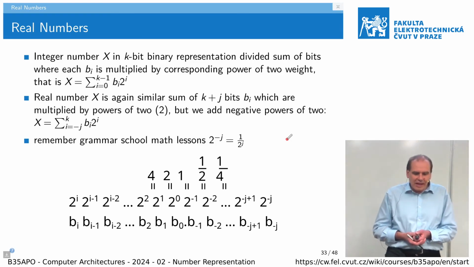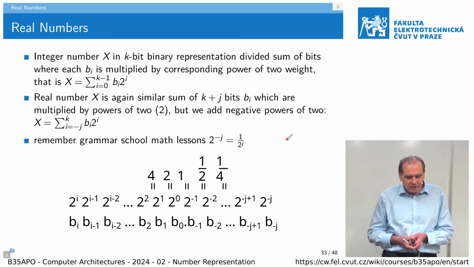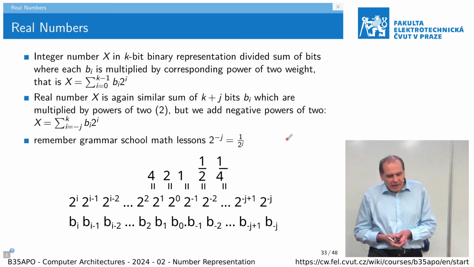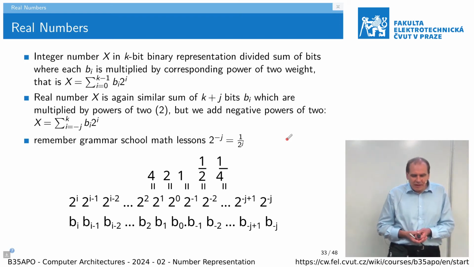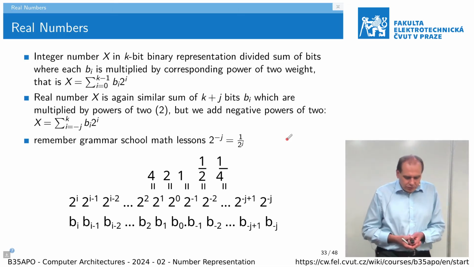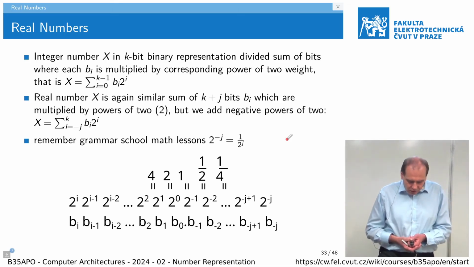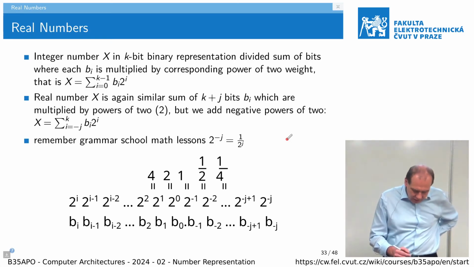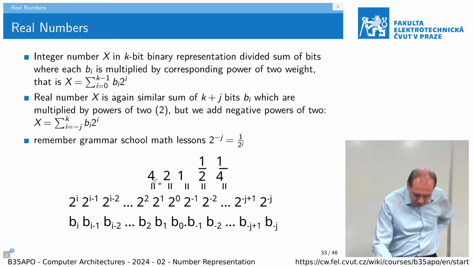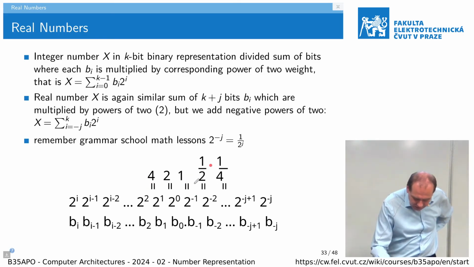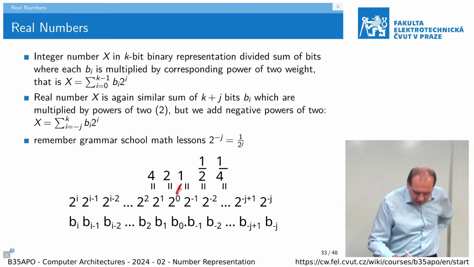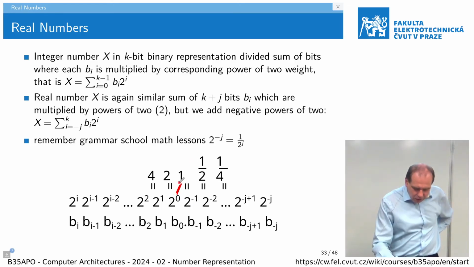And we can extend binary numbers to a fraction exactly the same way as we do for the decimal system. What we have there is a little problem: basically we can say that 2 power 0 is 1.